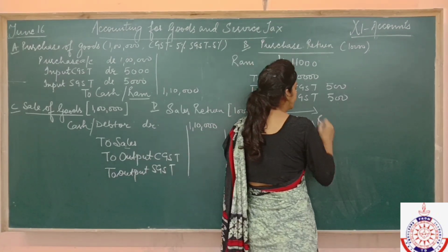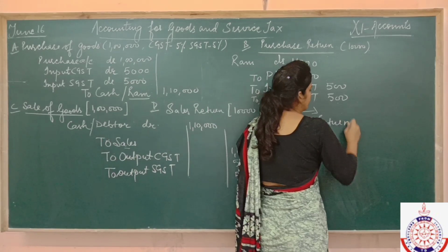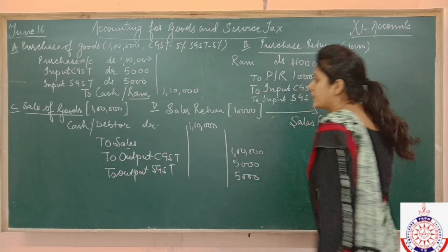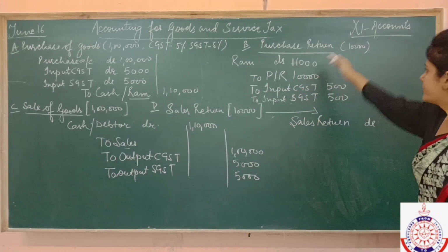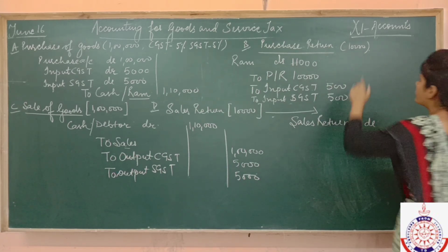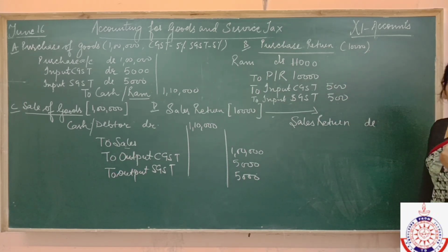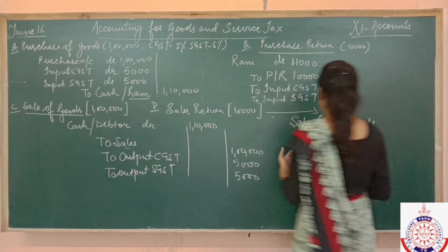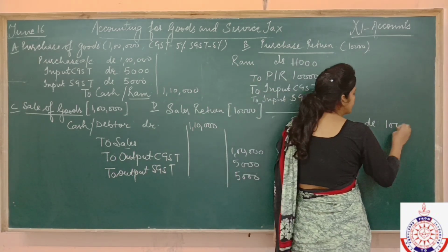sales return account debited. Let's say my customer has returned goods of rupees 10,000 to me, fine, then sales return will be debited with rupees 10,000.